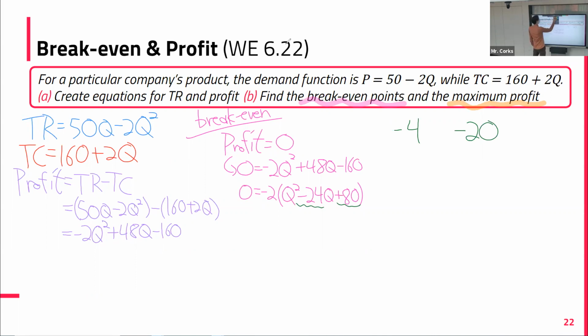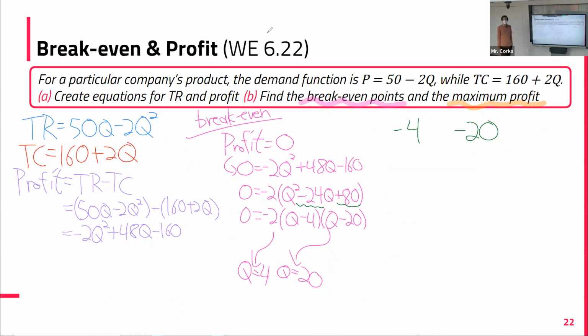Okay, that's gonna work. So 0 is -2 times q minus 4 and q minus 20. All right, I'll kind of skip some of the little details here. So this means that q is equal to 4 or q is equal to 20.